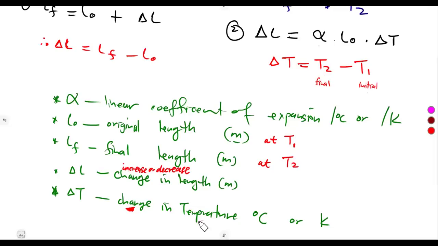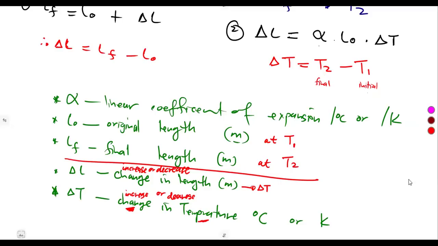Like I said, any change in temperature or in length simply means we are talking about an increase or a decrease. They can tell us a decrease in length, a decrease in temperature, or an increase in temperature. The change in length corresponds with the change in temperature, just like the original length corresponds with T1 and the final length with T2.